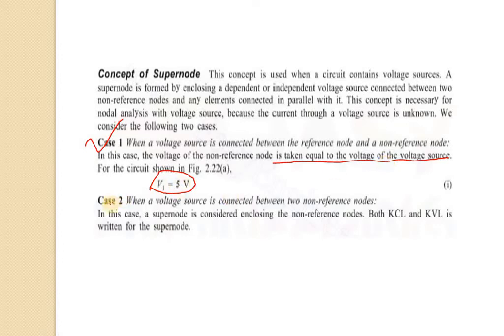Case 2: when a voltage source is connected between two non-reference nodes. In this case, a supernode is considered enclosing the non-reference nodes. Both KCL and KVL are written for the supernode case.